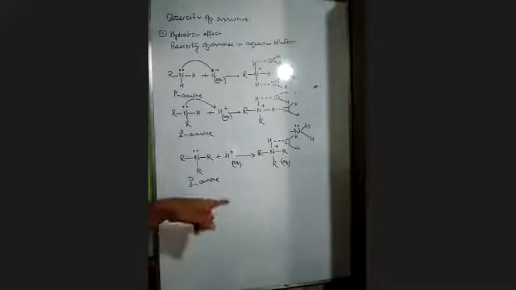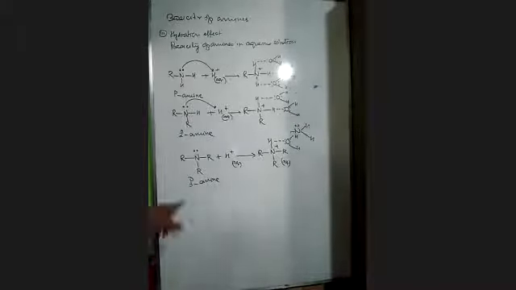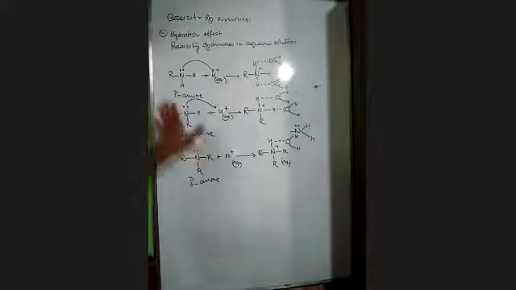In aqueous solution, primary amine is more basic. Why is it more basic? Because its future step is more stable than the previous one. In this case, its future step is less stable than the previous one. So please write, then after that we will write the statement. Write down.